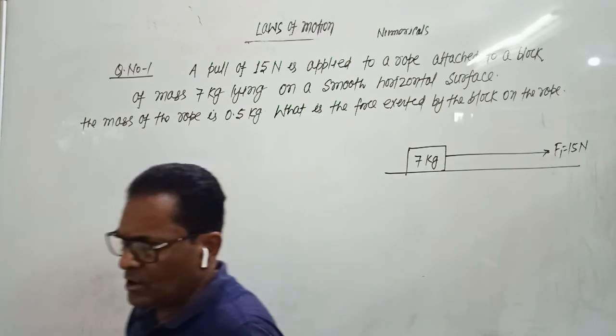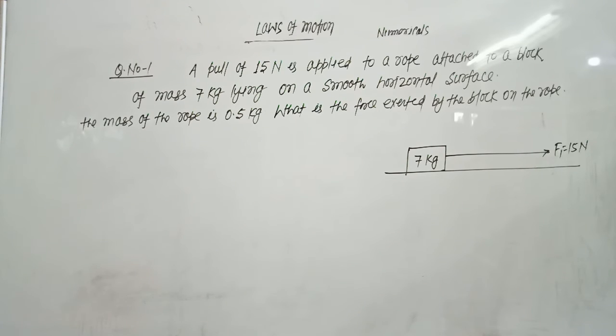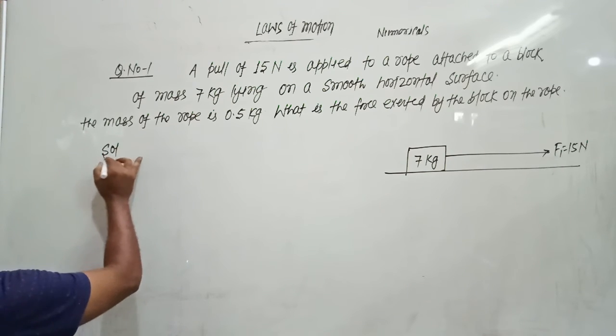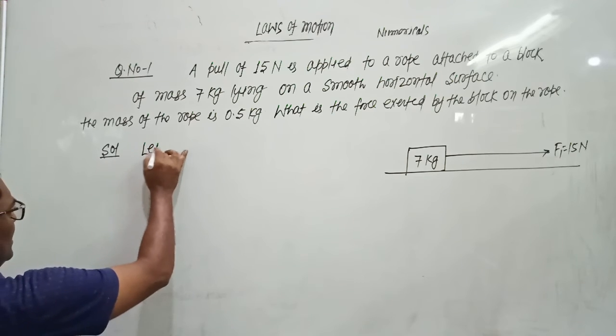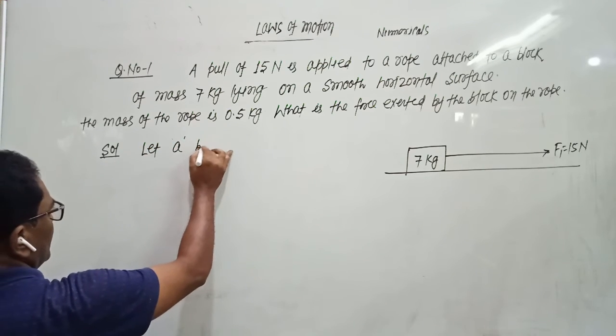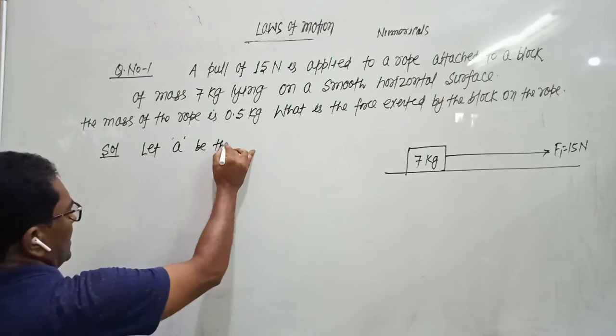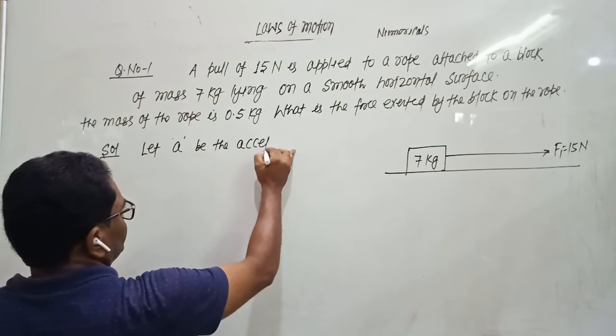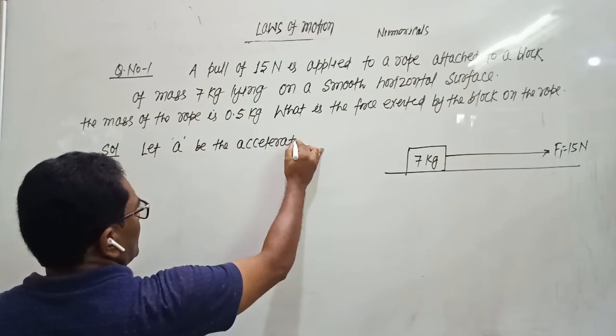A block of mass 7 kg lying on a smooth horizontal surface and a force of 15 Newton is applied on it. So let A be the acceleration produced in the block.